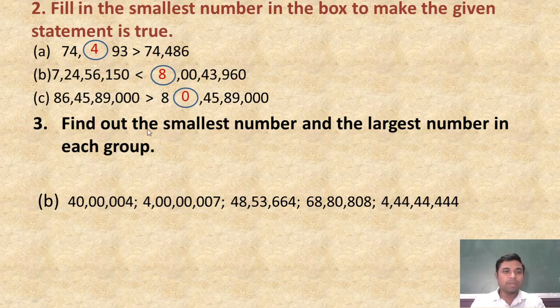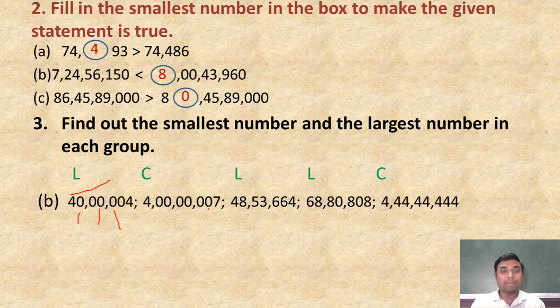Question number 3. Find out the smallest number and the largest number in each group. How do you find them? Just follow the steps. Dear students, first count and write the highest period. Just see: ones period, thousands period, lakhs period. So write lakh.